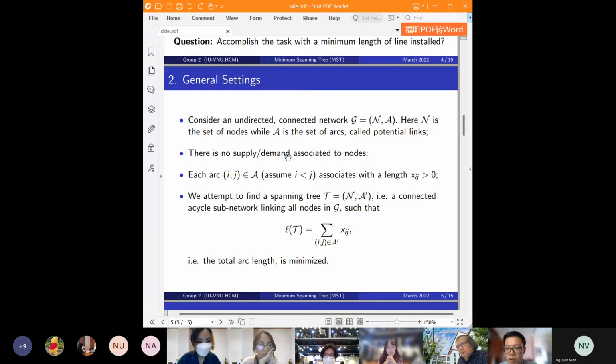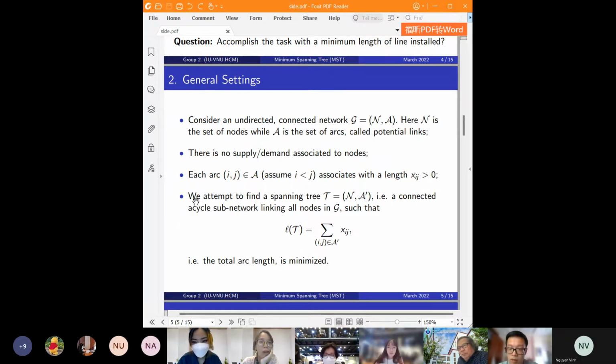This problem is different from the minimum cost flow problem that the professor provided us in the class, in that in this problem we do not consider any supply or demand associated with nodes. Rather, we will consider the length of each arc. So each arc in this undirected connected network is associated with a value x_ij, which is positive, and we call it the length of the arc.